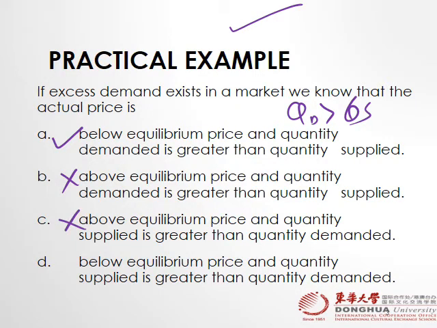Below the equilibrium and quantity supplied is greater than quantity demanded. That is also not the answer because this is surplus, not shortage. We're talking about the shortage. Excess demand means shortage. The answer is A.